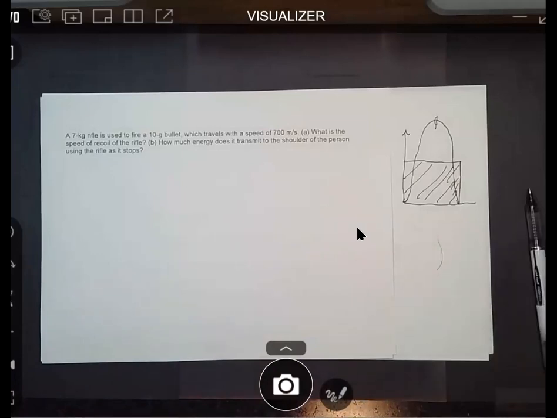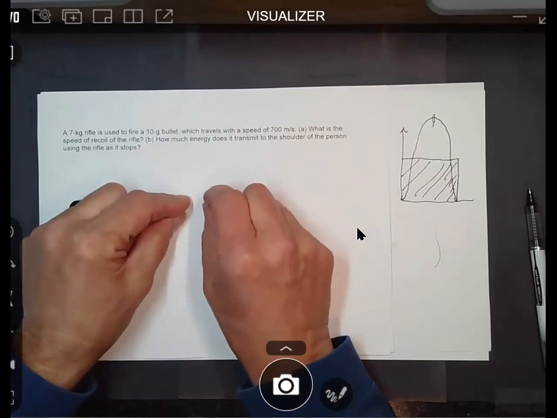It's actually exhaust gases and all kinds of stuff, but it turns out the bullet is exerting a backward force on those gases, which then exert a backward force on the rifle and push the rifle against the shoulder of the person who's firing the gun. We call that recoil, but it ends up being conservation of momentum.